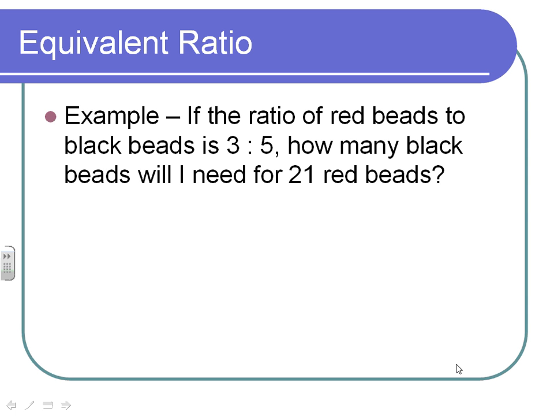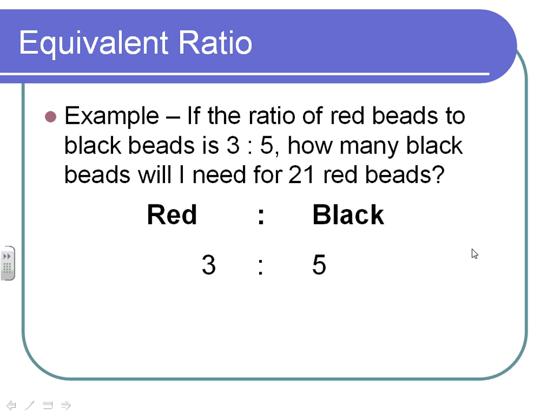Another example, if the ratio of red beads to black beads on a bracelet is 3 to 5, which we're saying for every 3 red beads, there are 5 black beads. And this is a part to part ratio. 3 red beads, 5 black beads. How many black beads would be needed for 21 red beads? Well, we're looking for equivalent ratios, and we set this up similarly to fractions. So we look at red to black.